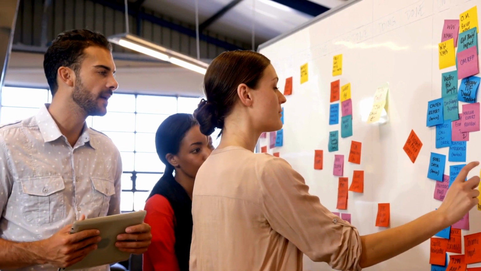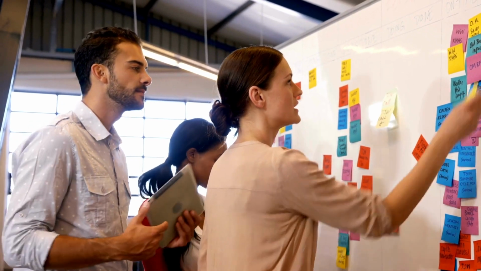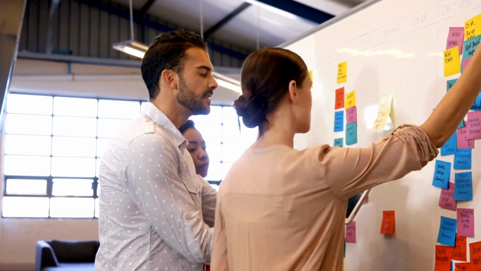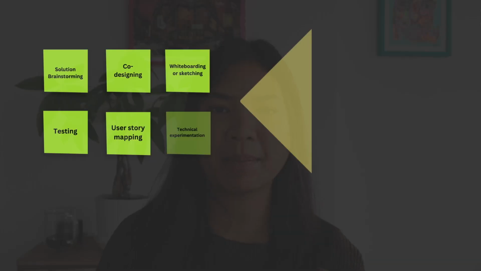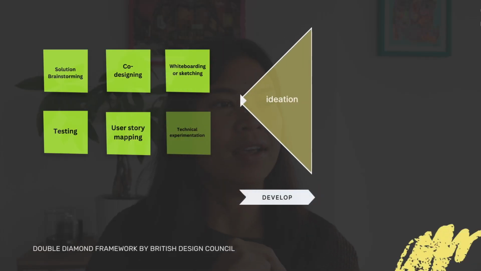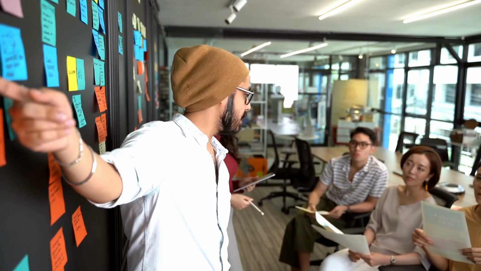As a result, there's lots of different ideas, and this is where the second divergence happens in the development phase, because you're trying to experiment, do rapid iteration, and do low fidelity to medium fidelity prototypes. You have all of these ideas on how to design this initial prototype.